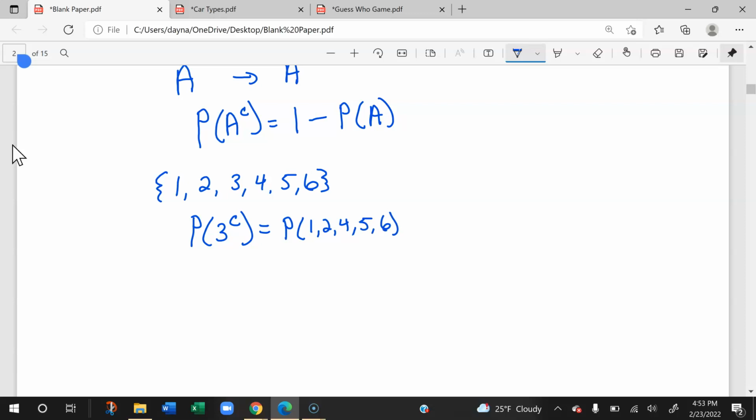Everything else. Okay? Well, I can do 1 minus the probability of getting a 3. What's the original probability of getting a 3? It's 1 out of 6. So 1 minus 1 out of 6 is 5 6, which if you think about it, 1, 2, 3, 4, 5.